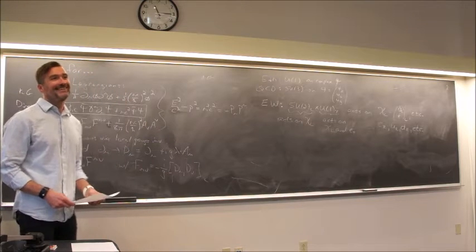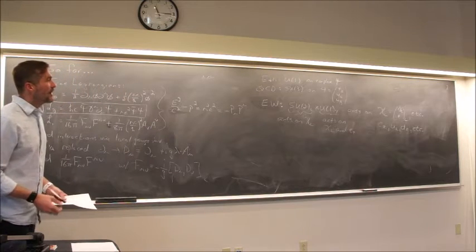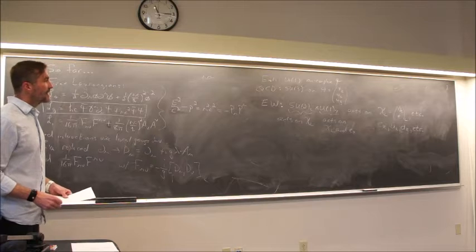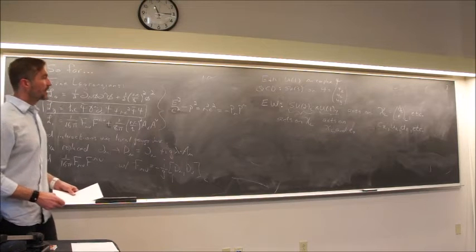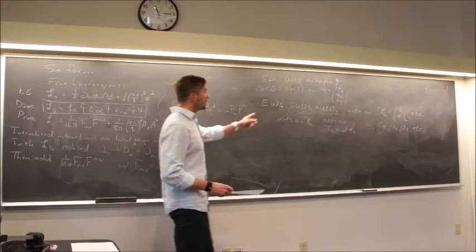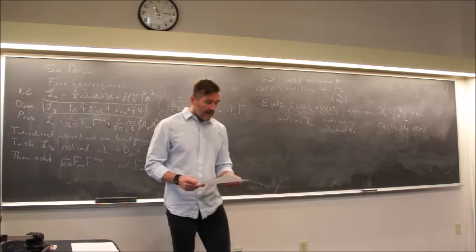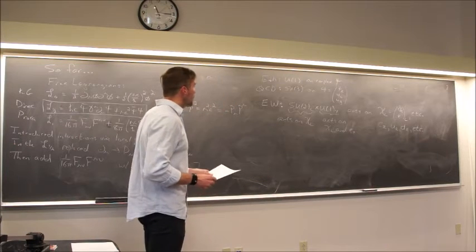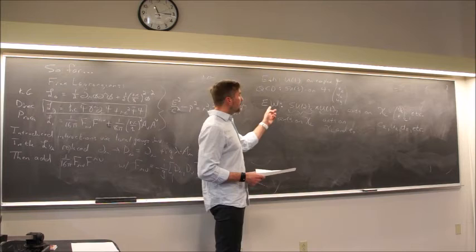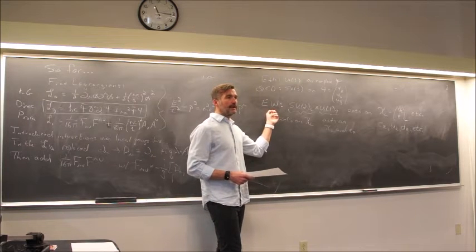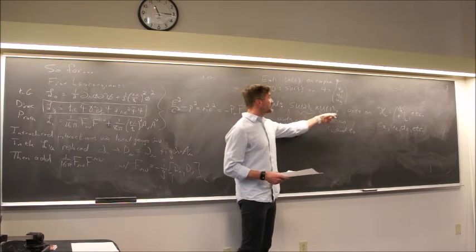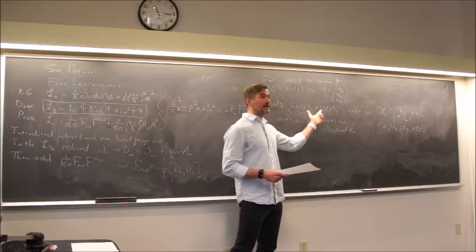Sure. Okay. All right. So I left you at the very end of our last lecture on electroweak theory with the following problem. We formulated the electroweak theory by assuming that this was actually a good symmetry.